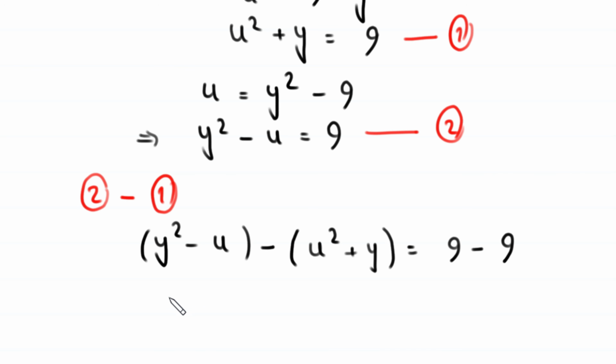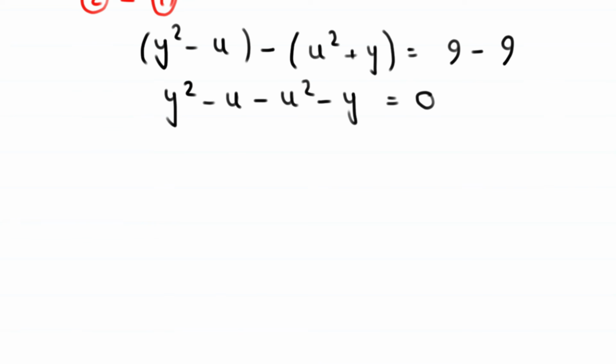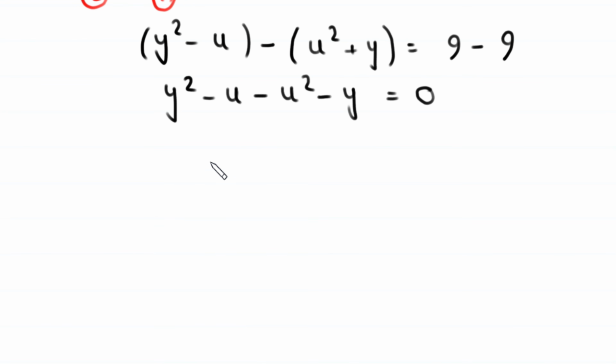Remove brackets, this will become y squared minus u squared minus y equal to 9 minus 9 is 0. Rearrange these terms, y squared minus u squared minus y minus u equal to 0.